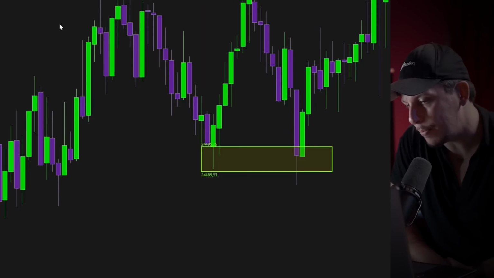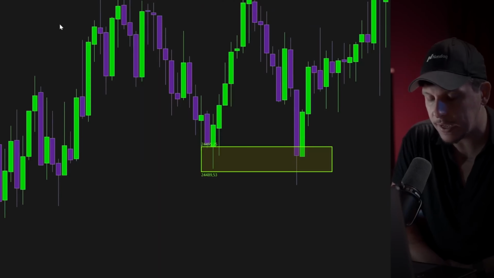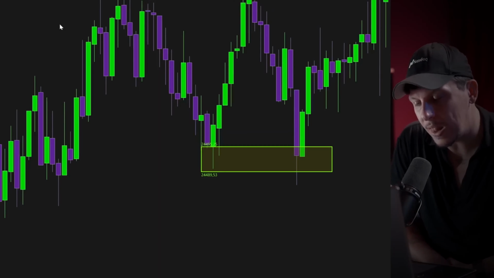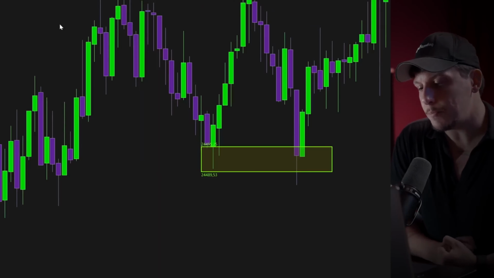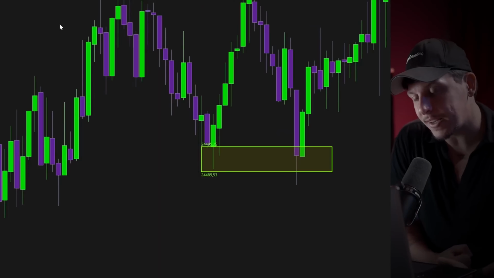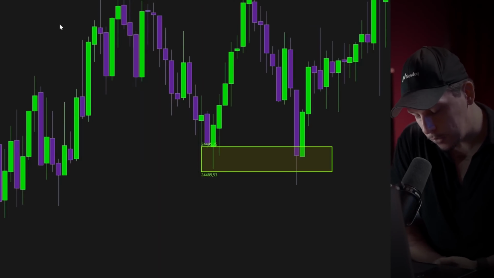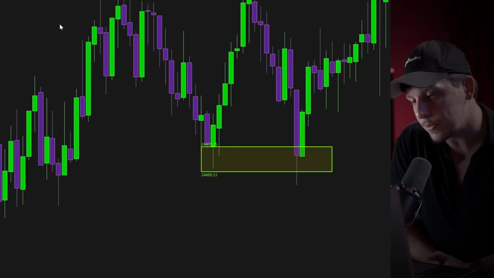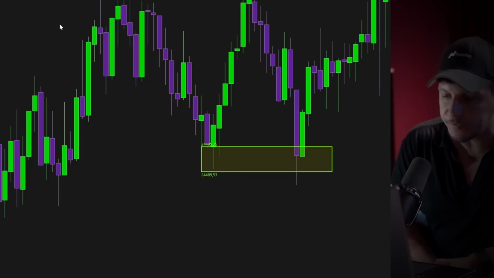Will we go up or down? Because it's not clear, okay? In this case, you can use volume to help you and understand the pressure of the cumulative volume delta compared to price. That's the secret. This is called volume spread analysis, so understanding the result on the price for the proxy of the volume.